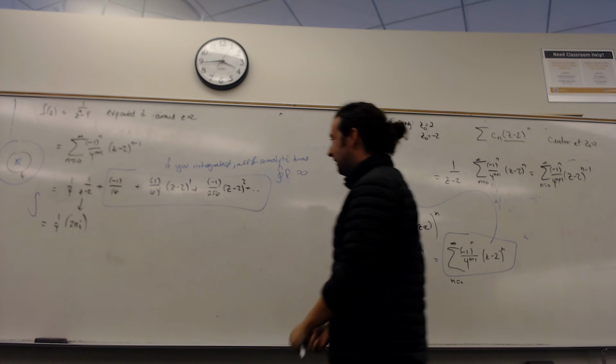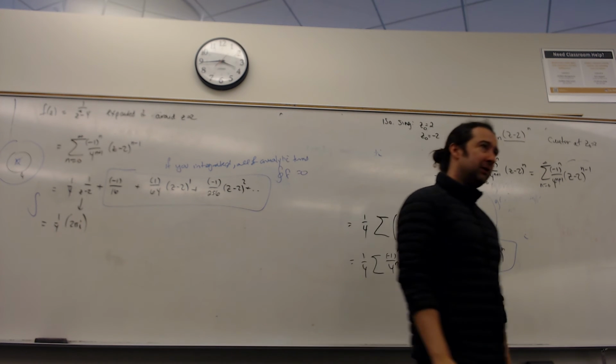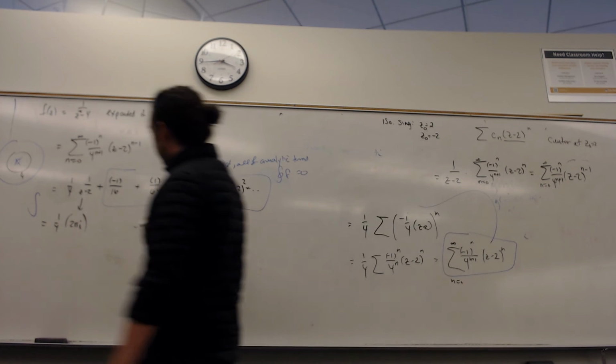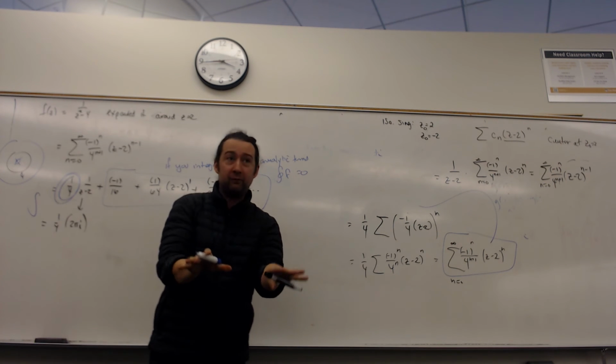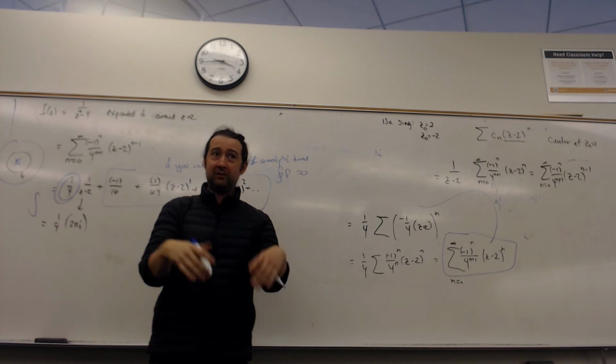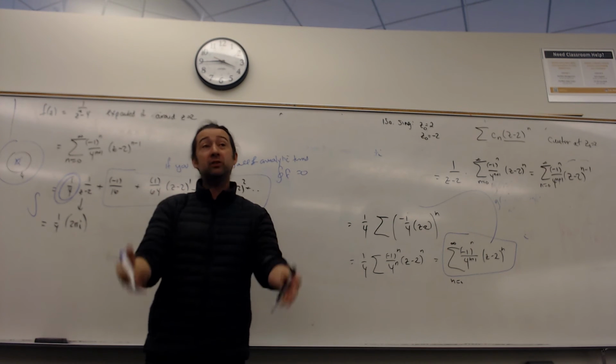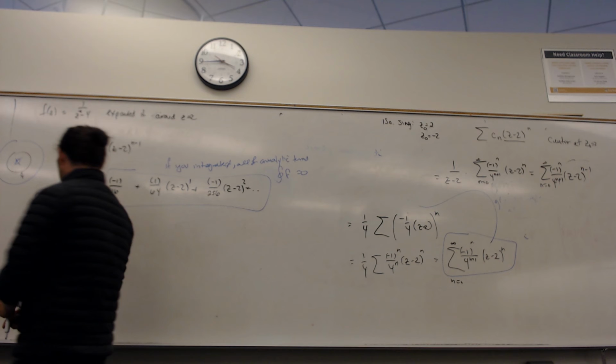This has a name that a bunch of engineers and physicists in the room already know. This coefficient right here, the coefficient of the z to the minus 1 term, the thing that survives when you take the integral of this series, is called the residue of the function.